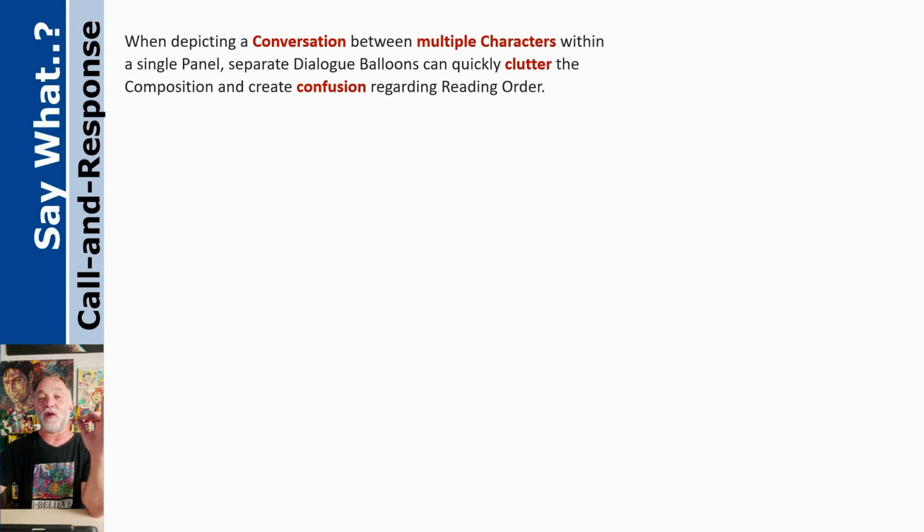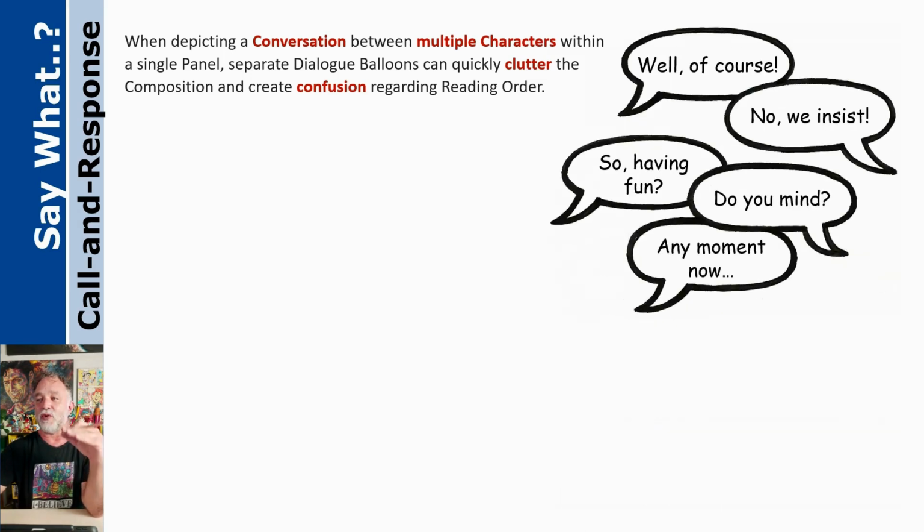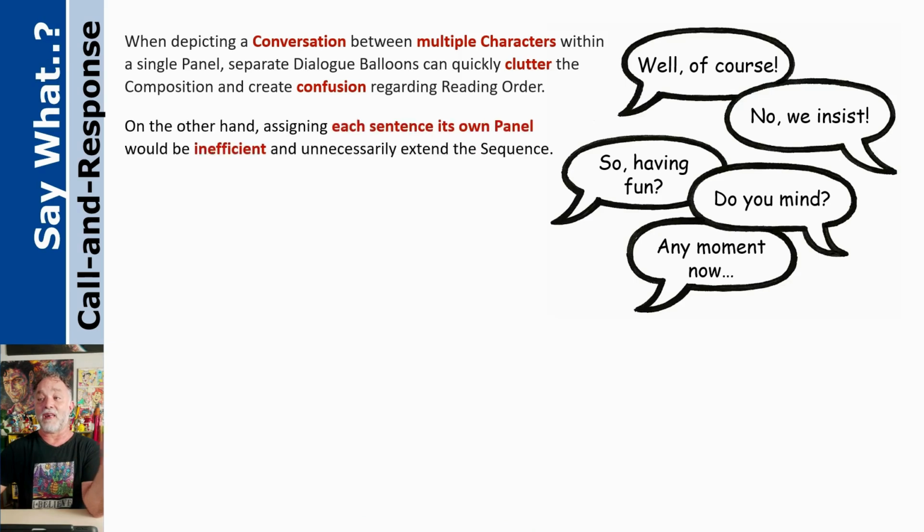Moving over to conversations between multiple characters within a single panel. When assigning a balloon to each remark, it can quickly clutter up a composition and also create confusion regarding the reading order. The other alternative, of course, would be to assign a single panel for each remark. I've seen a lot of the Toon Schoolers do this, especially with their first comics.